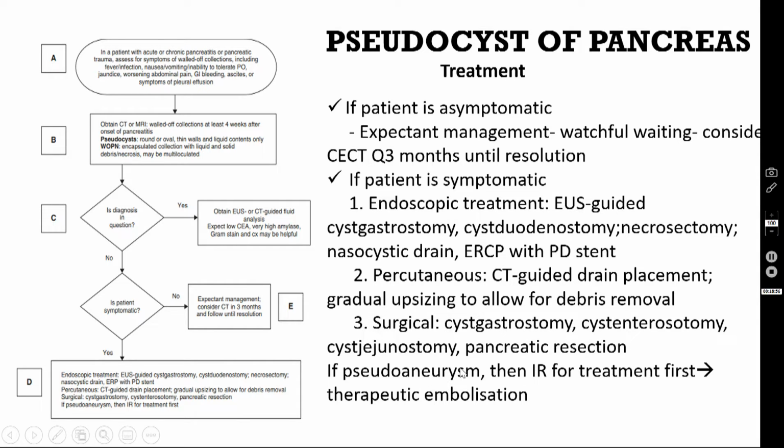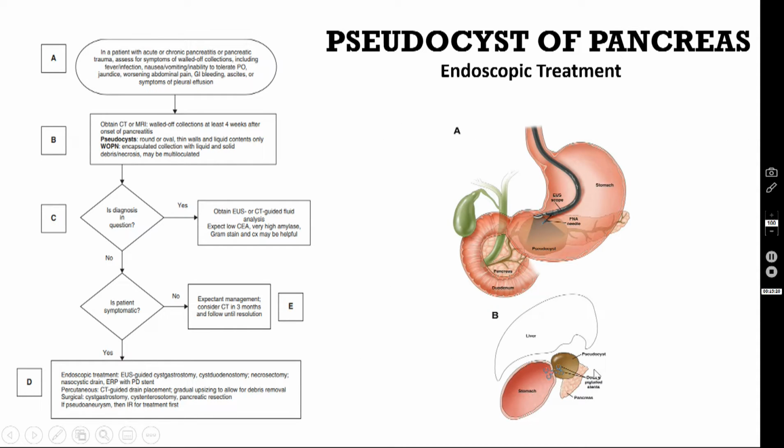Because it is an open procedure, if there is necrosis in the pancreas, you can also do pancreatic resection. If the patient also has a pseudoaneurysm, better ask the interventional radiologist to do therapeutic embolization. You have to do that first, and only then treat the walled-off collections.